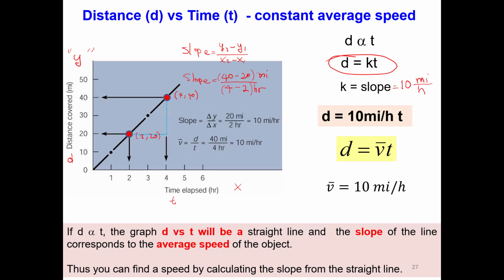Now we can rewrite the equation: distance equals k value, the slope of 10 miles per hour, times time. We call this the experimental equation, because it's the equation we got from the data of the experiment.